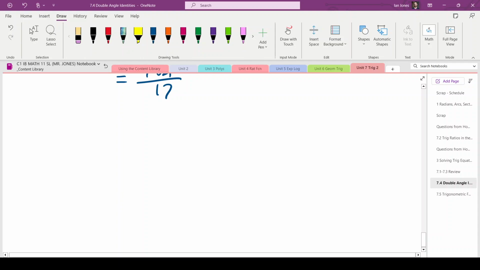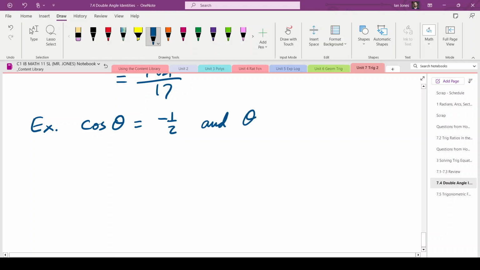Next, let's take another example here. Let's suppose we have cosine of theta equals negative a half, and theta is obtuse.